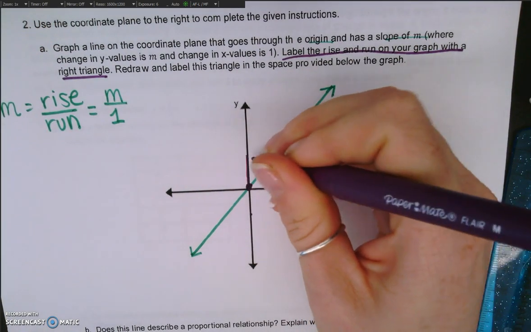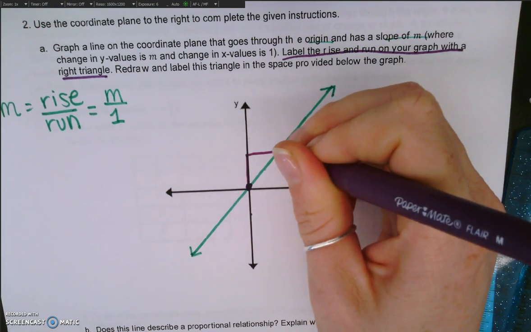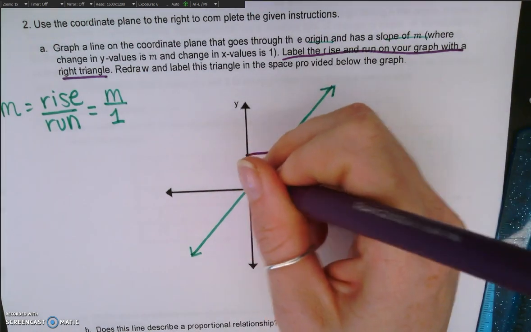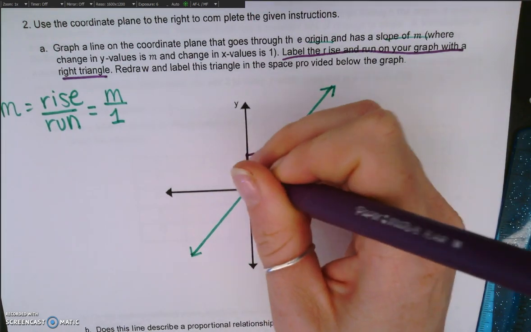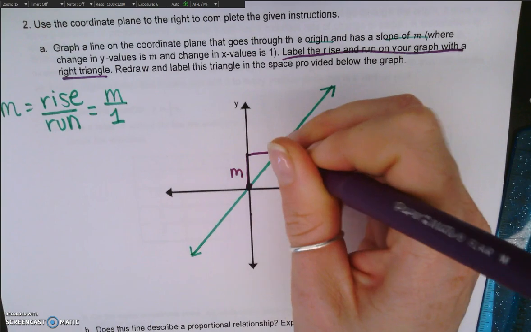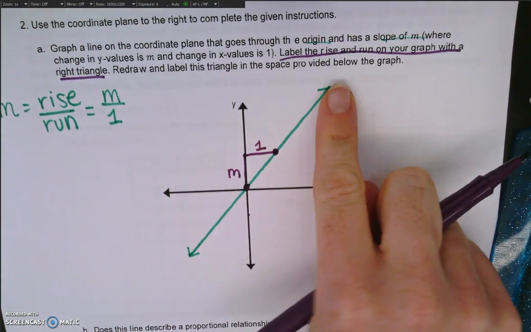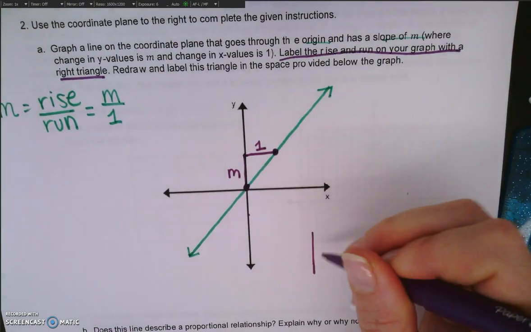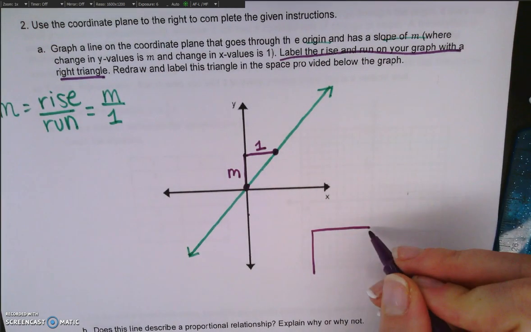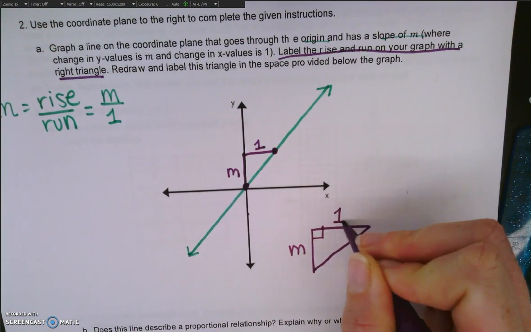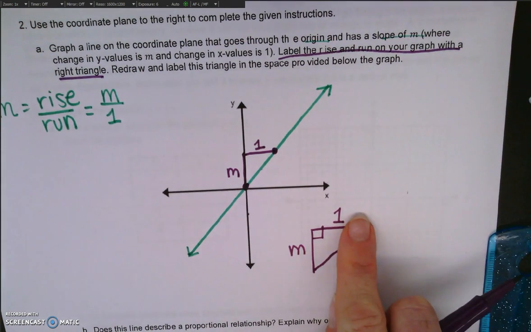I'm going to make my right triangle with endpoints on my line, the hypotenuse as my line, and the rise is going to be m, and the run is going to be 1. Redraw and label this triangle in the space provided. So again, I'm going to draw my right triangle, a rise of m and a run of 1, a change in y values of m and a change in x values of 1.